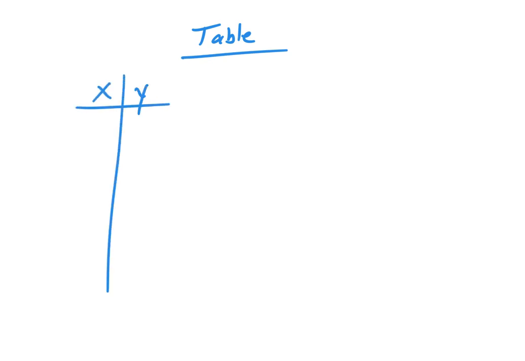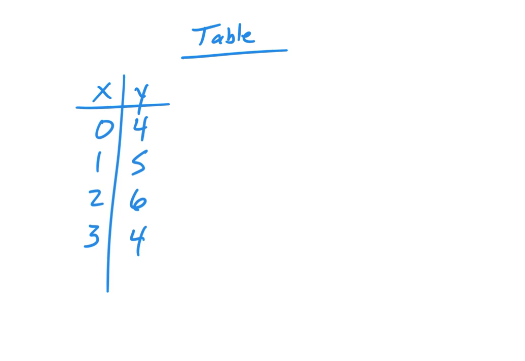If I'm given a table, the question that we're going to keep asking ourselves, okay, you could put it on a graph if you wanted to, but this one is not a graph. This one is just given to us as a table.